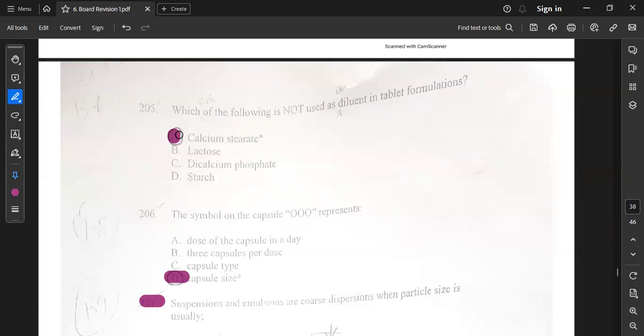Lactose, dicalcium phosphate, and starch are used as diluents. Diluents is the same as fillers, right? Yes, thank you guys. And the most commonly used we've seen is lactose. Is there anything else you want to discuss for that? Okay, we can go to the next question.